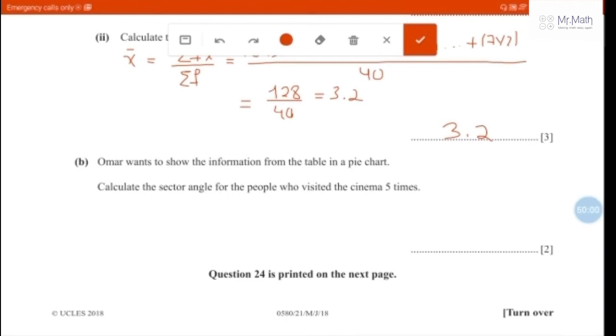So I divide 3 by 40, and to convert it to an angle, I multiply it by 360 degrees. So the answer is 27 degrees. So this is the final answer to part B.